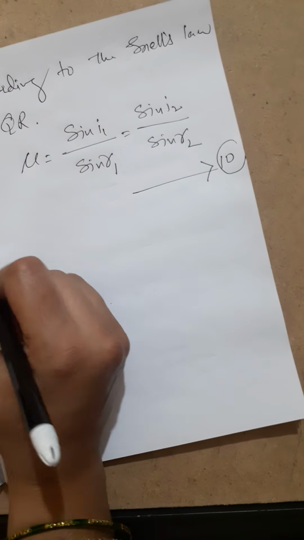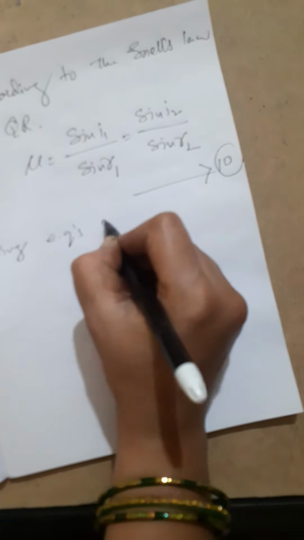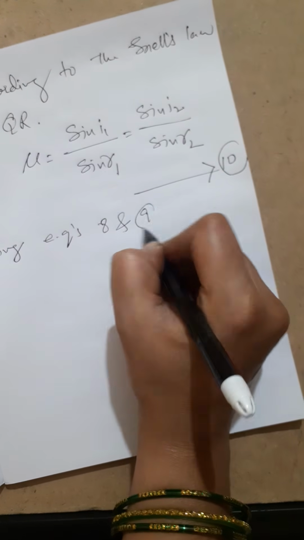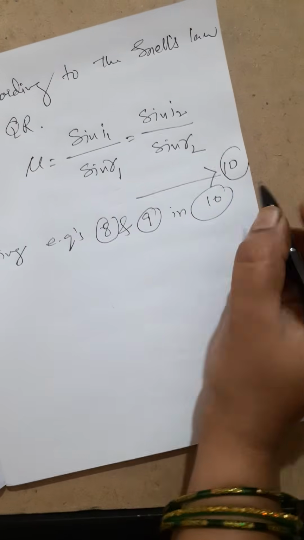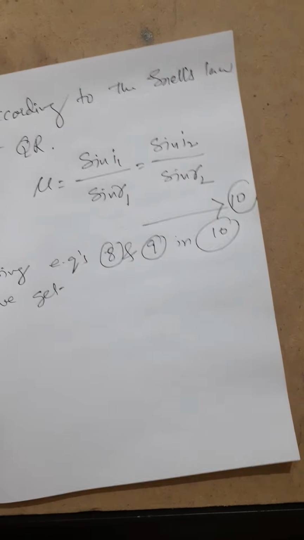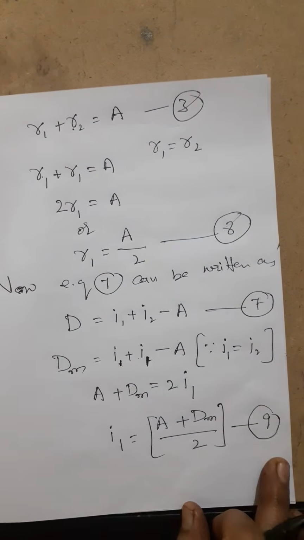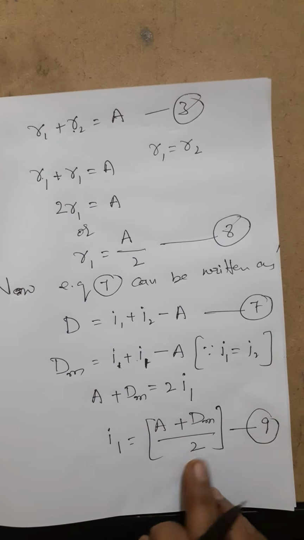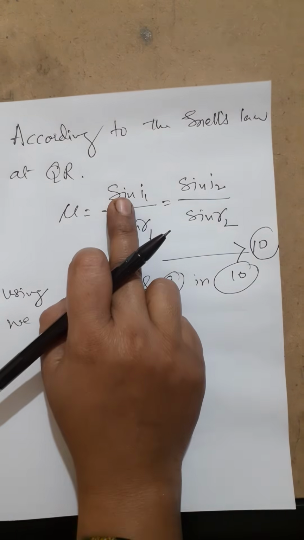Now using equations 8 and 9 in 10, where R1 is equal to A by 2 and I1 is equal to A plus dm by 2.